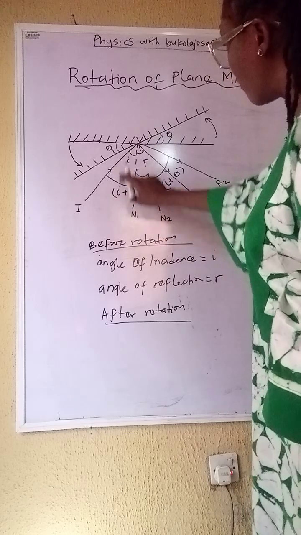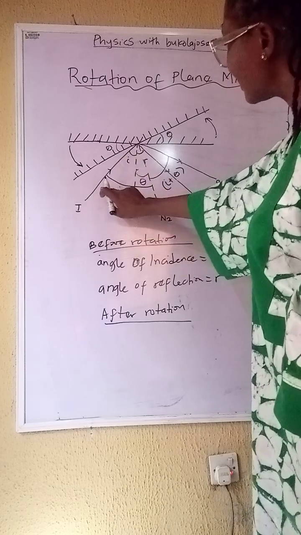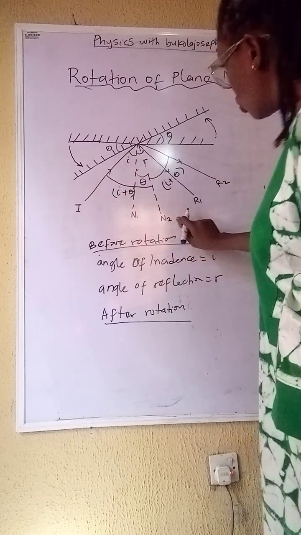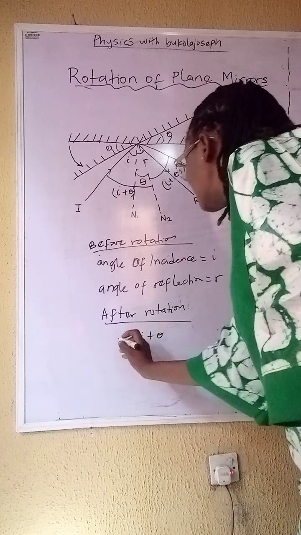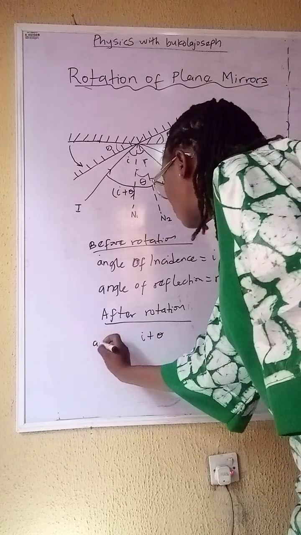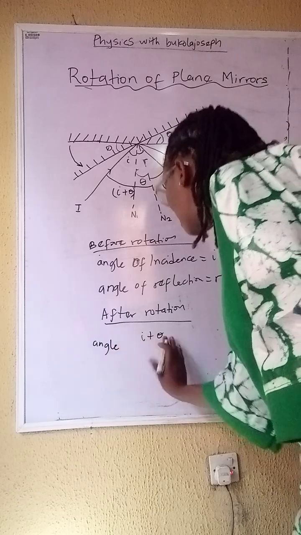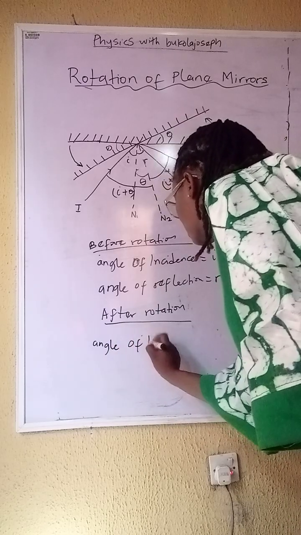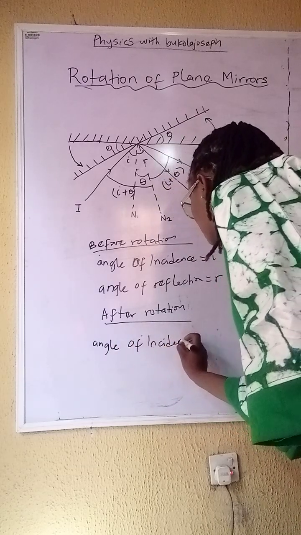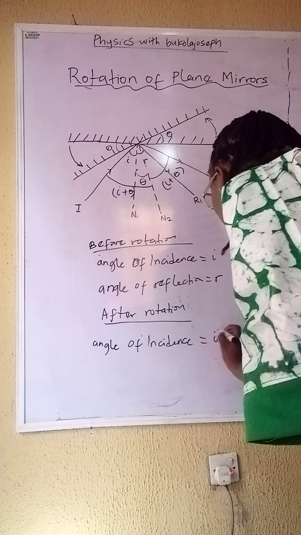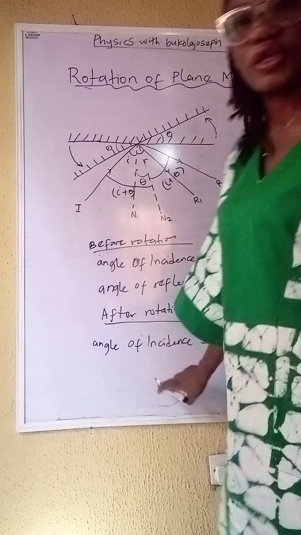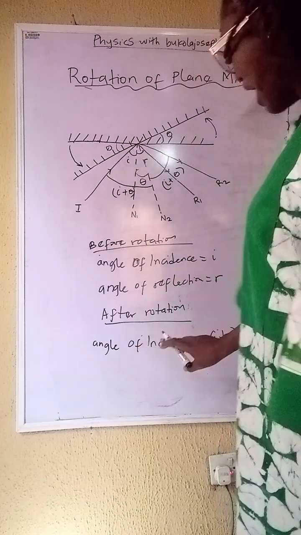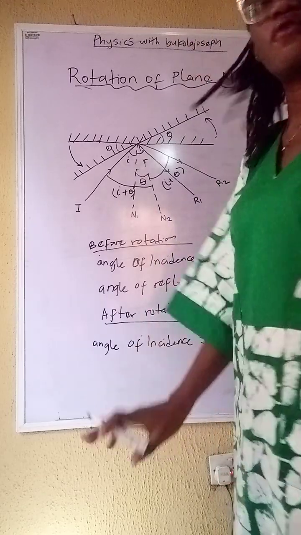The angle between the incident ray and normal 2 gives us I plus theta. So this is the angle of incidence after rotation, and it is also equal to the angle of reflection after rotation.